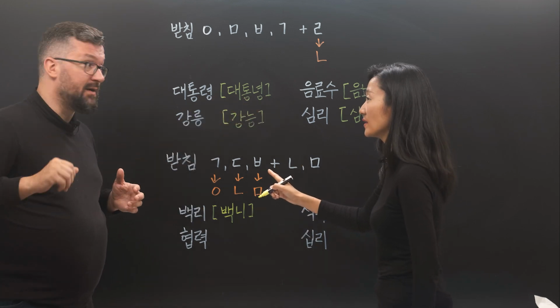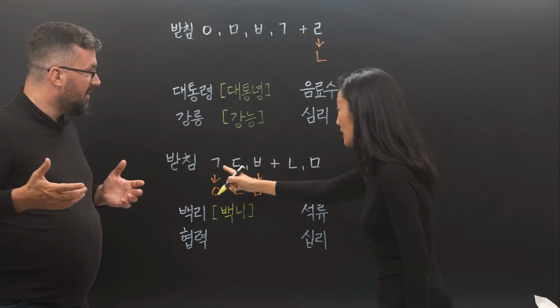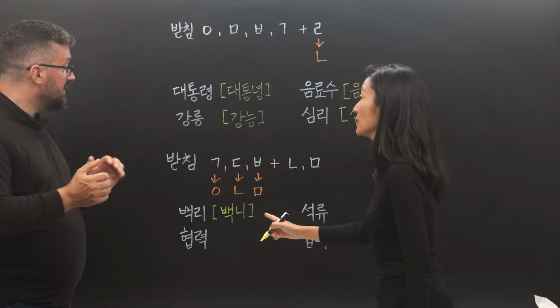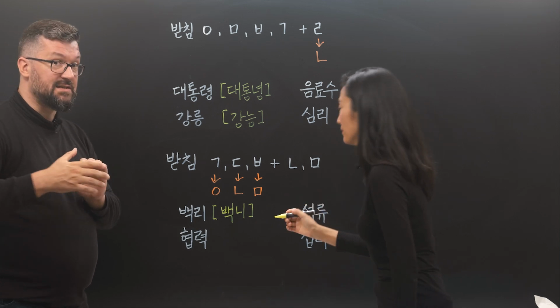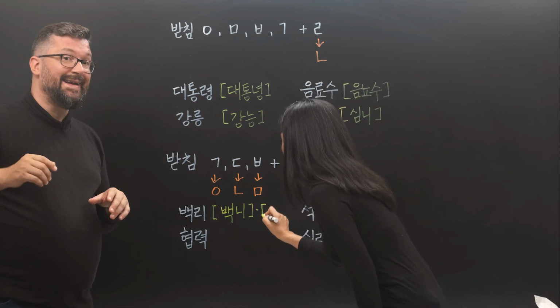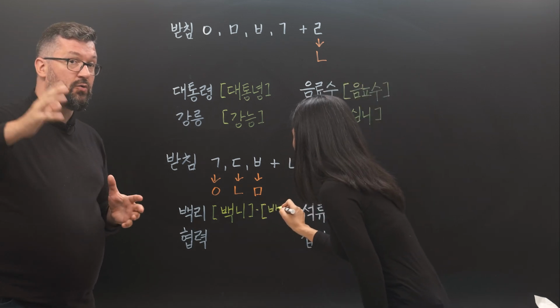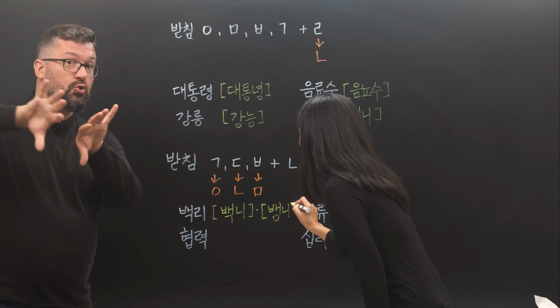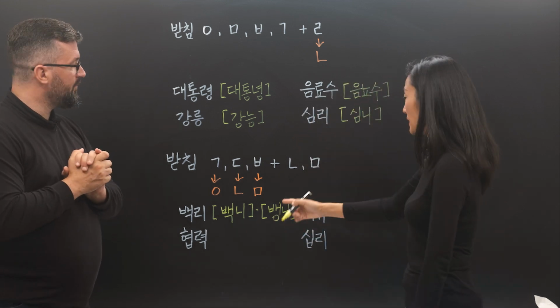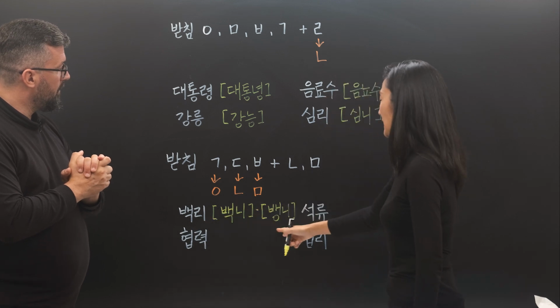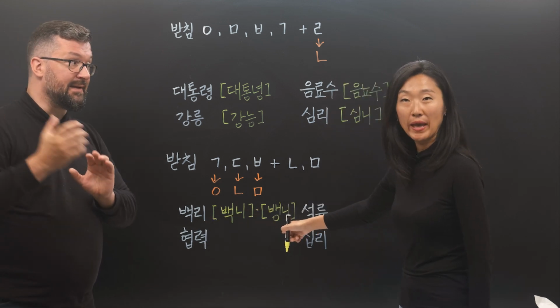And what happens when g meets n? Then 그 becomes 응. Because of nasal sounds. That's what we learned in another video. There is a whole video just about that rule. So it's really two separate rules. That's why it's a little bit complicated. So this is 백니.